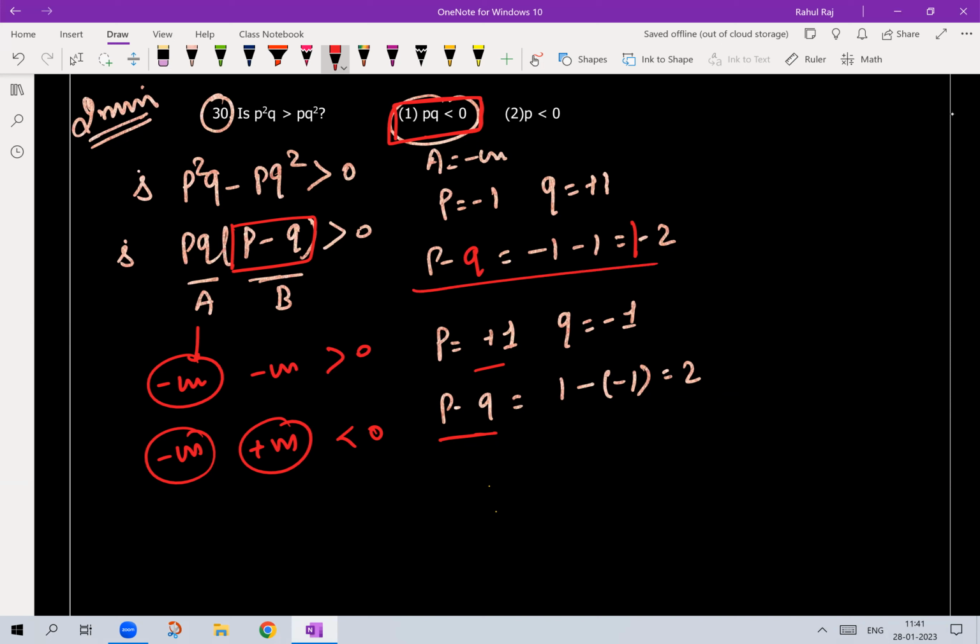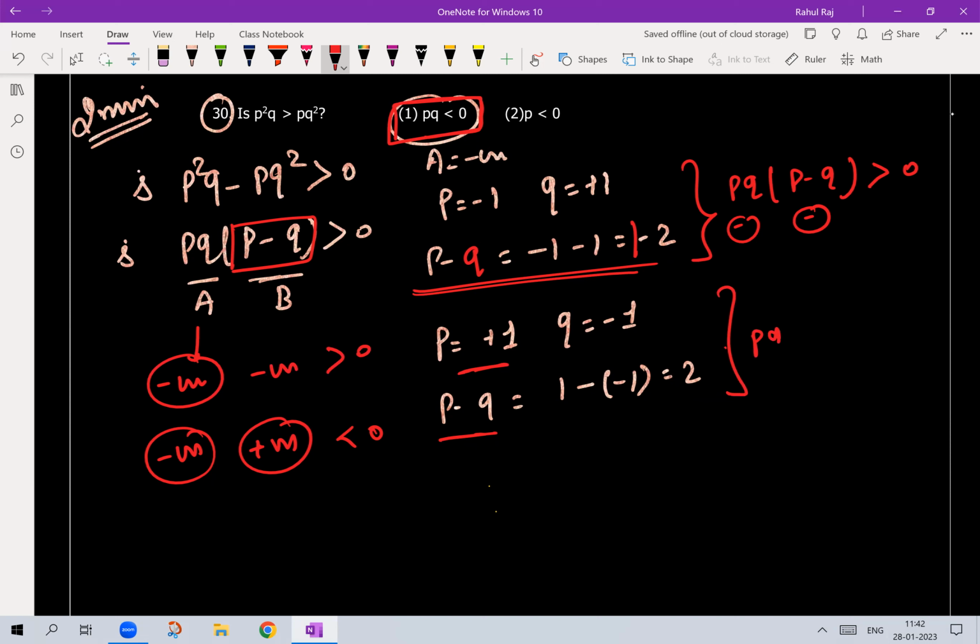When I take this value, P minus 1, Q plus 1, I get PQ into P minus Q greater than 0 because PQ is negative, P minus Q is negative. When I take P plus 1 and Q minus 1, here I get PQ into P minus Q less than 0. I have a yes situation. I have a no situation. So this option number 1 is not sufficient.